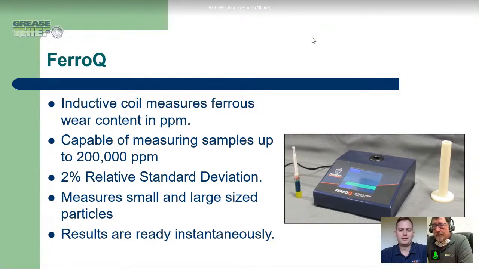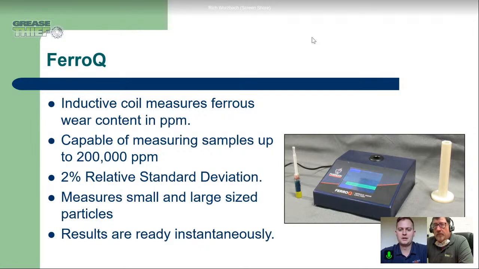I think you pointed this out in the call earlier, the differences between oil and grease. In most oil applications, you're going to have a filter that's continually filtering out that ferrous content. In grease, there is no filter. Sure, the grease gets purged from most of the machinery that we're taking these samples from, but that ferrous content is still there and continually being generated.